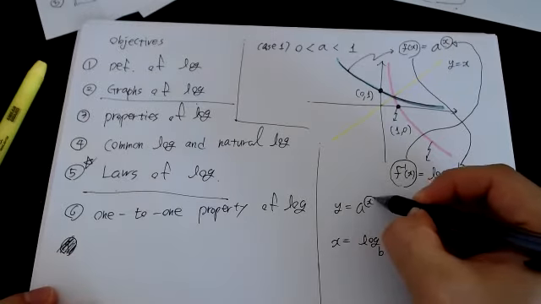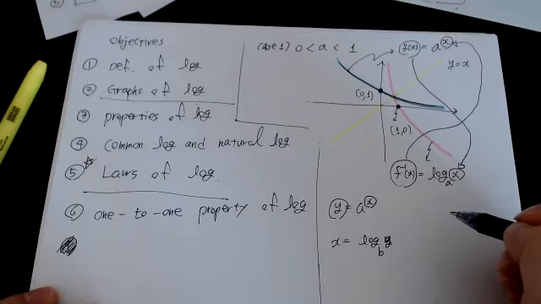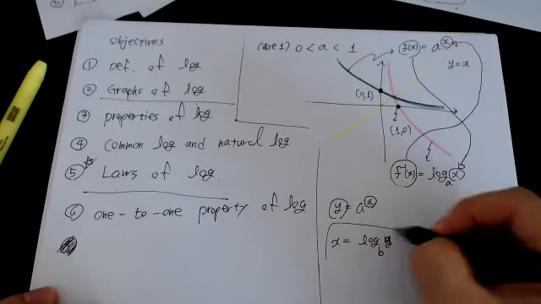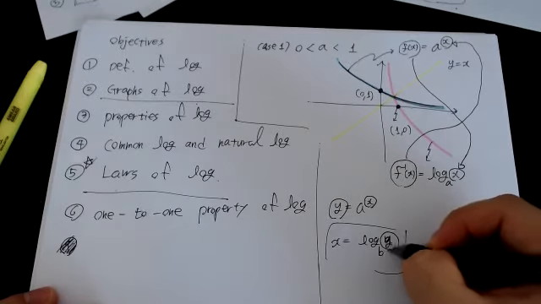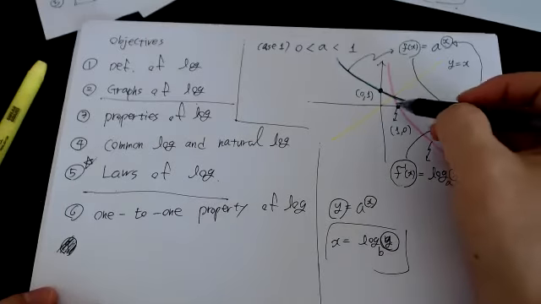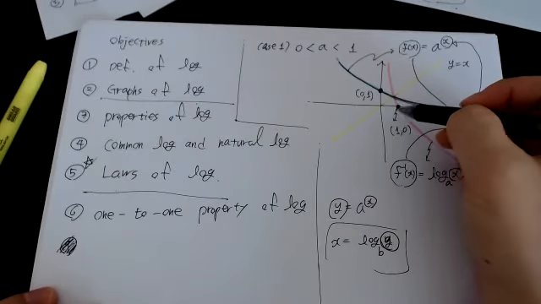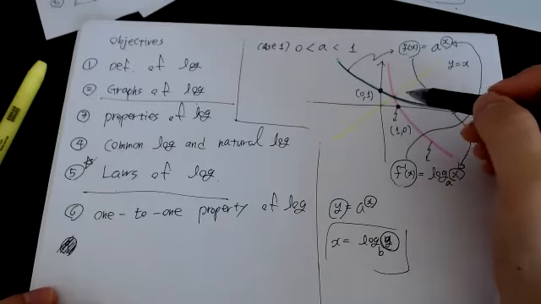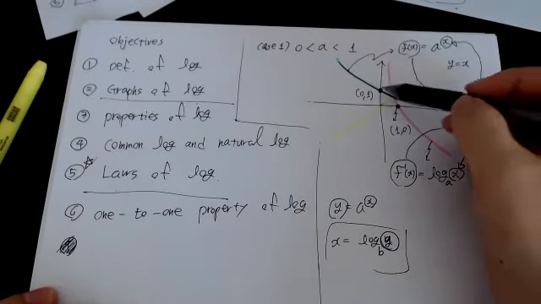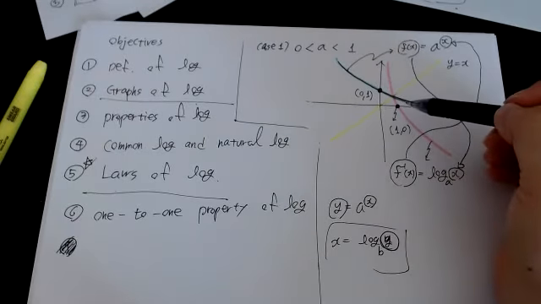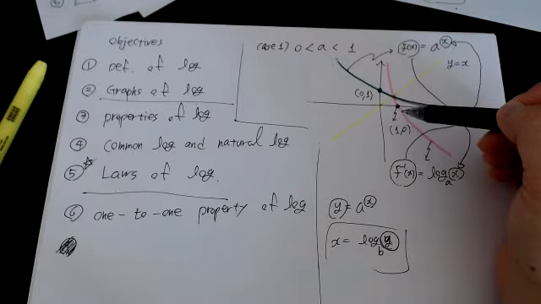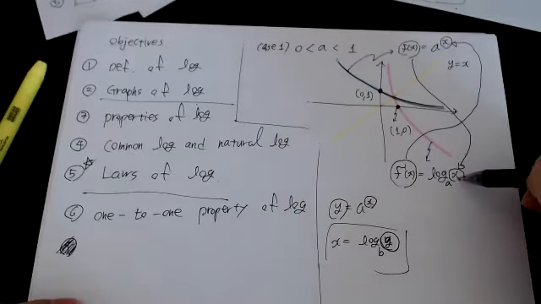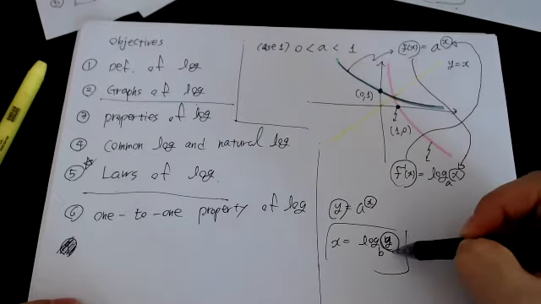For any choice of x, y cannot be 0, right? It means that in the view of log, y cannot be 0. That's why x cannot be 0 in the view of log, so the graph never touches the y-axis. For the graph to touch the y-axis, there should exist a corresponding y for x equals 0, but x cannot be 0 because, see here, y cannot be 0.